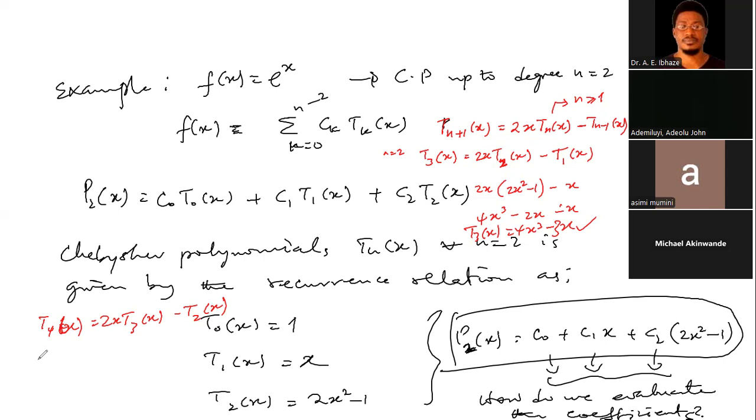So now we have 2x into bracket 4x cubed minus 3x, minus T2 of x, that's minus 2x squared minus 1. So you resolve this, then we get that. Does it make sense? Yeah, it does.